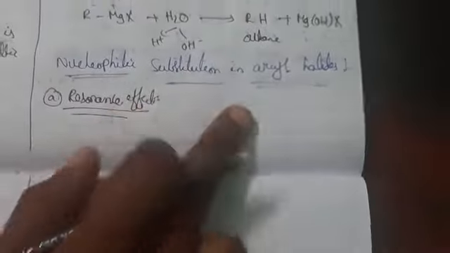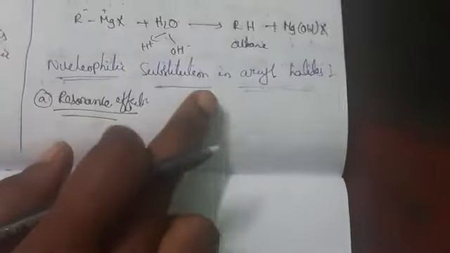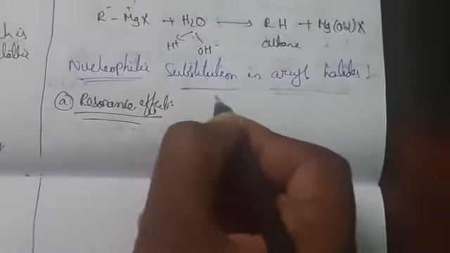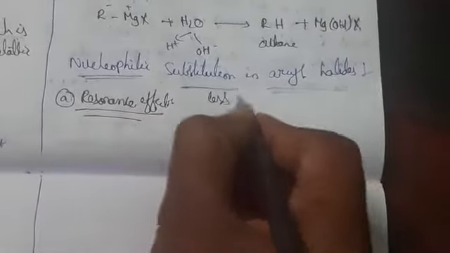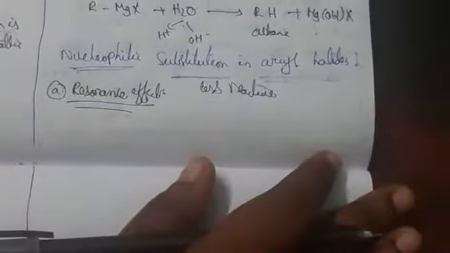First of all, why is nucleophilic substitution reaction in aryl halides very less? We can say nucleophilic substitution in aryl halides is very less reactive. Why? Because there are certain reasons. First one is resonance effect.